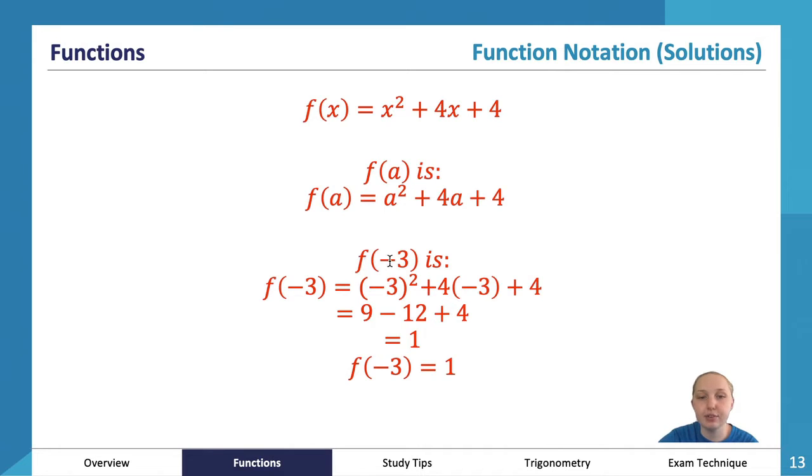So we've got f of minus 3, and what that is, is substituting in minus 3 wherever there was an x in our original equation. So what we do is we do minus 3 squared. Please remember when you're doing these questions, if you are being asked to substitute in a negative value, you must put brackets around it. Otherwise, you're going to end up with the wrong answer when you square it, okay?